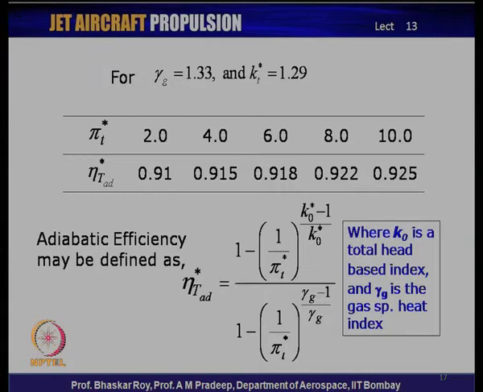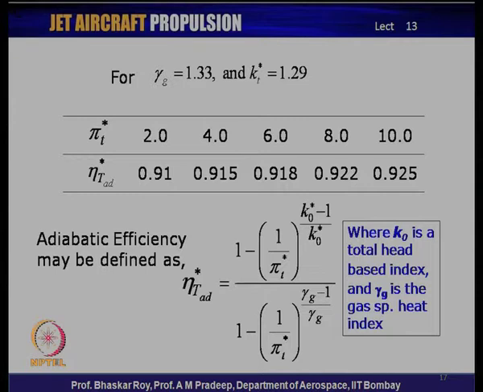As I just mentioned, whether or not you need to do it with more stages, you have to balance against the aircraft requirement in terms of weight and space required by the turbines inside the engine.